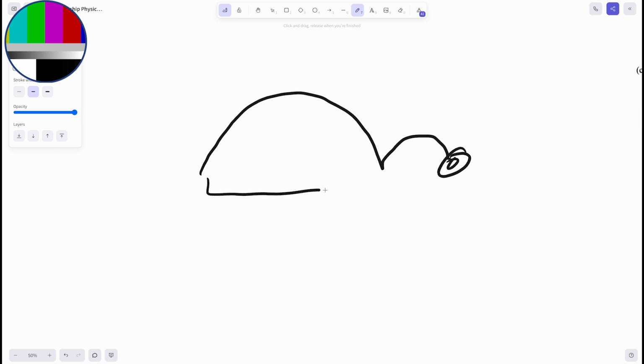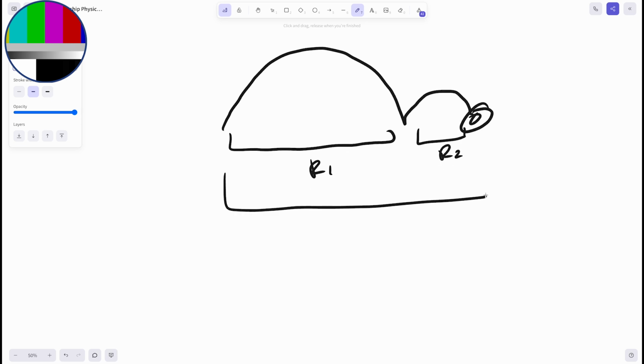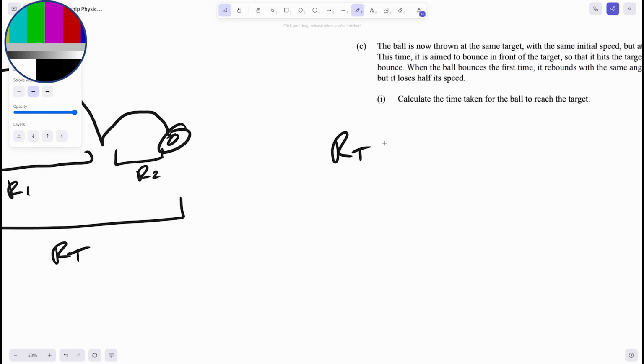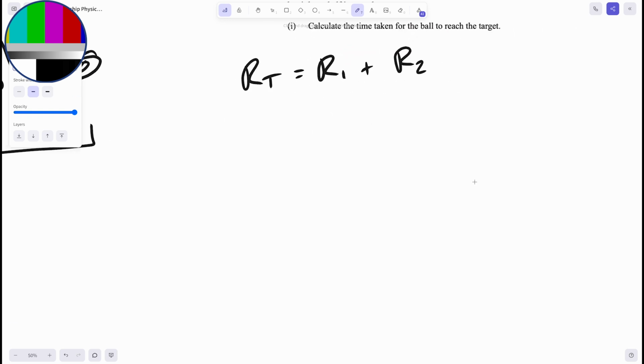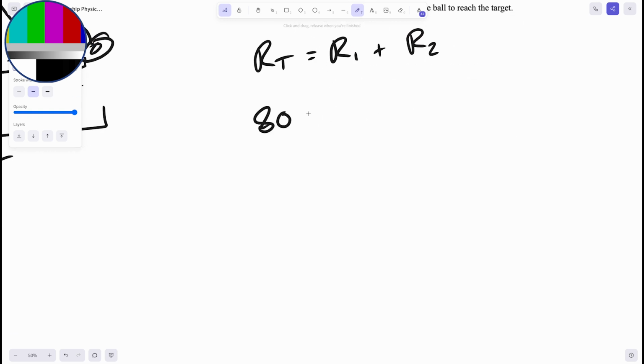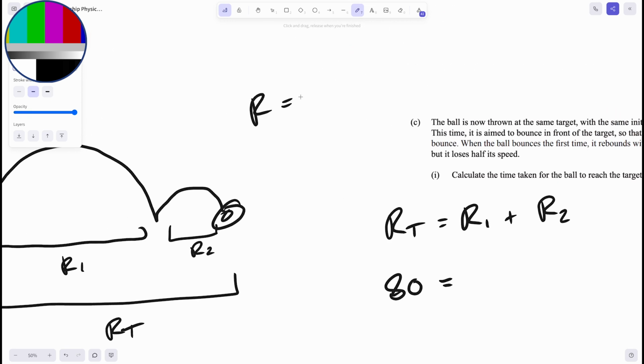So we can call this distance here R1, and this distance here R2, and this is going to be our total range. So therefore, our total is equal to R1 plus R2. As we know, our total range is 80 meters. We know our range equation is equal to v squared sine 2 phi all over g.